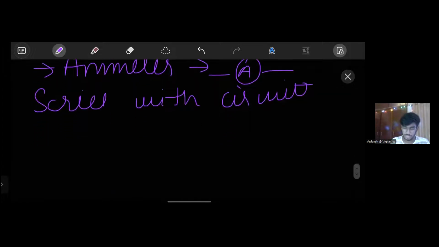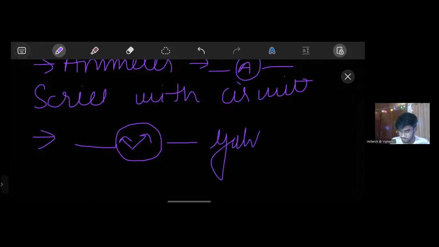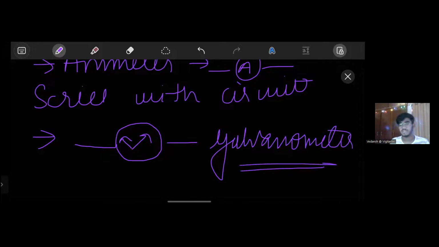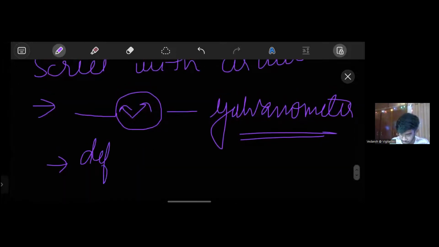Now, we have a galvanometer. Galvanometer shows either this or this. This is a galvanometer. We don't actually apply galvanometer in every circuit because it is used to measure deflections of current.